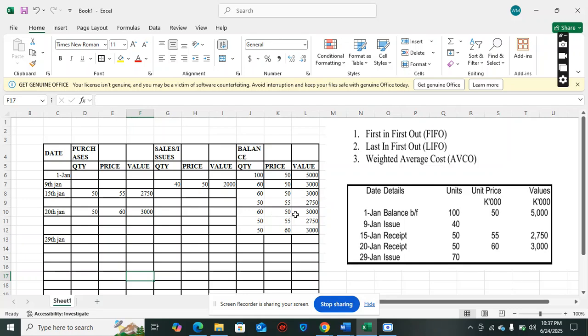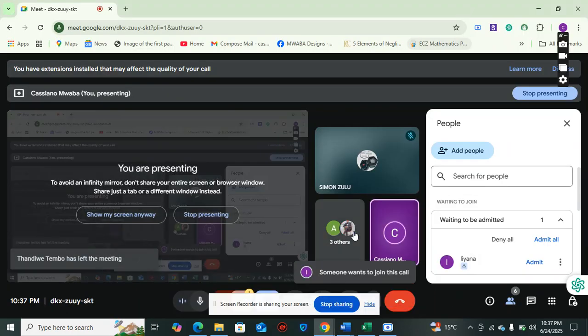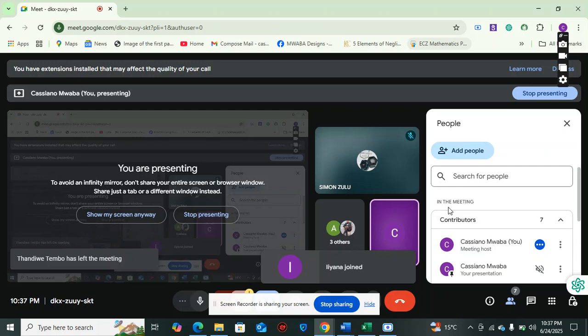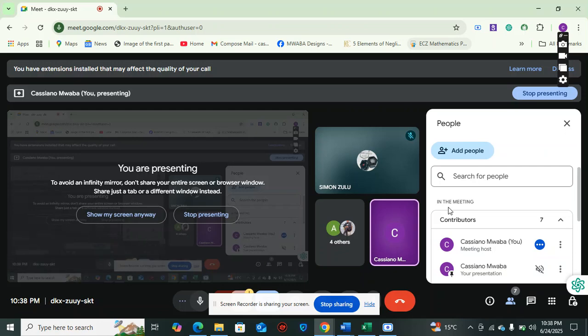Okay. So we sold 70 units. So with first in, first out, we're going to remove from the first batch that was there, or the oldest batch basically. Whenever you issue under first in, first out, you're going to get the oldest batch, or the batch that was there first. That's the one you're going to remove from first.